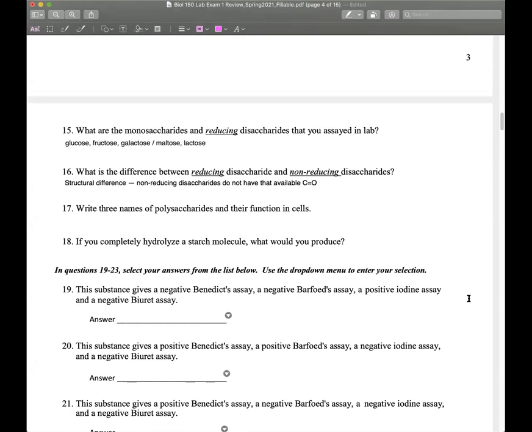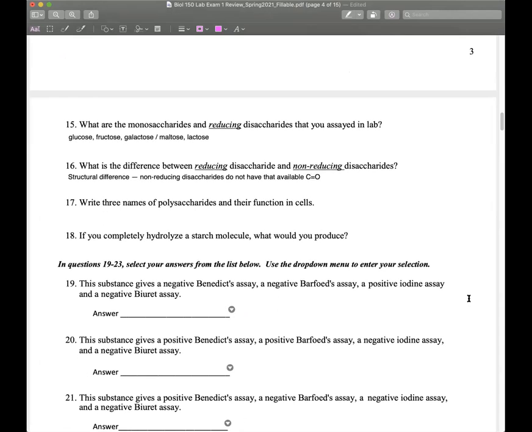So moving on from disaccharides to larger polymers, the polysaccharides. What are 3 polysaccharides we learned about, and what are they used for in cells? Starch, very good, Kariatu. Cellulose, yep, another good one.